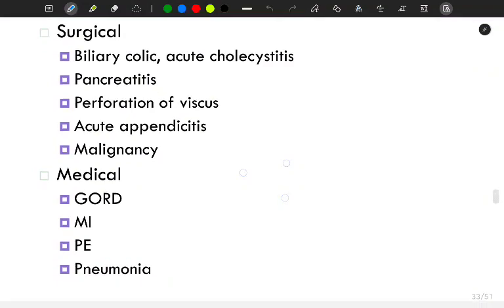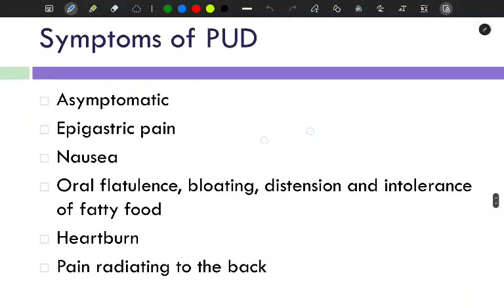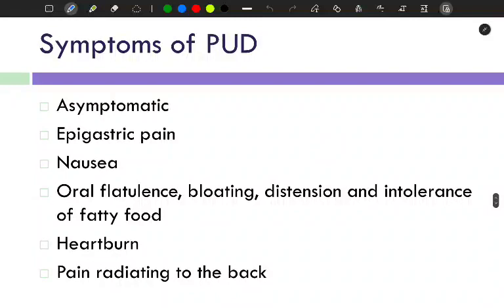Next. Symptoms of peptic ulcer disease range from asymptomatic to severe: epigastric pain, nausea, flatulence, bloating, distension, heartburn, and pain radiating to the back. Which ulcer is aggravated by eating, gastric or duodenal? Gastric, excellent. The duodenal is often relieved, because the alkaline will relieve that. Okay, next.